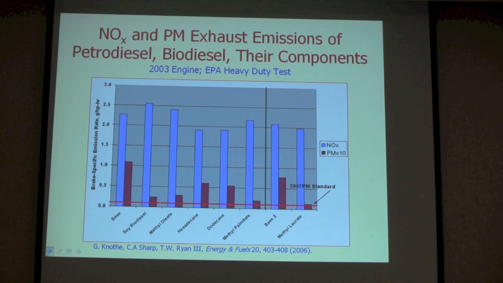you'll see an effect again here on NOx and particulate matter, the two major species everybody worries about. You'll see a little bit of an effect on NOx of the soy biodiesel and the methyl oleate, increasing it slightly compared to the petroleum diesel fuel.